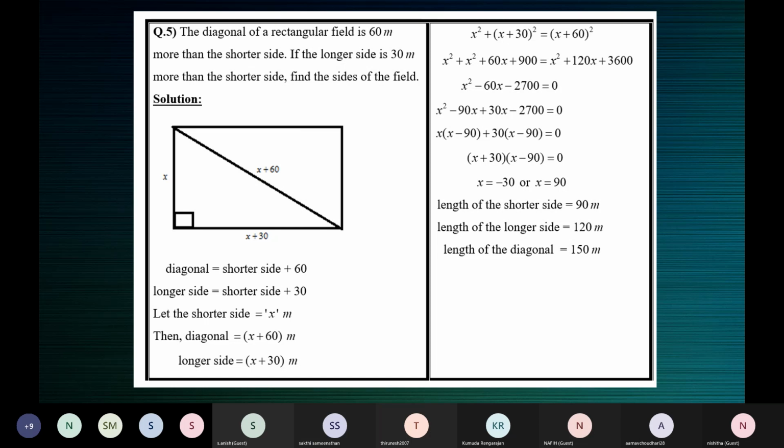Very good. This is by Pythagoras theorem.